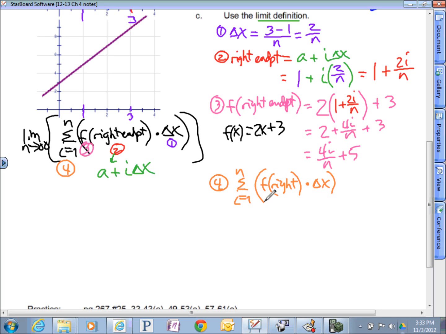Do we have all those pieces? Yes, we do. The right endpoint is 4i over n plus 5, times change in x, which is 2 over n. And we're going to do sigma of all of this.